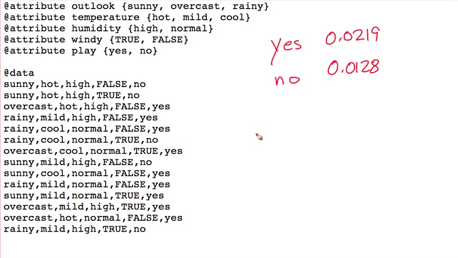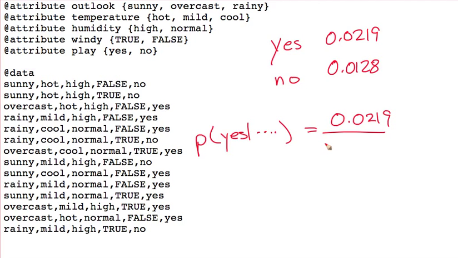And what we know is that these two things add up to 1. And so all we have to do is take the yes value and then divide it by the sum.